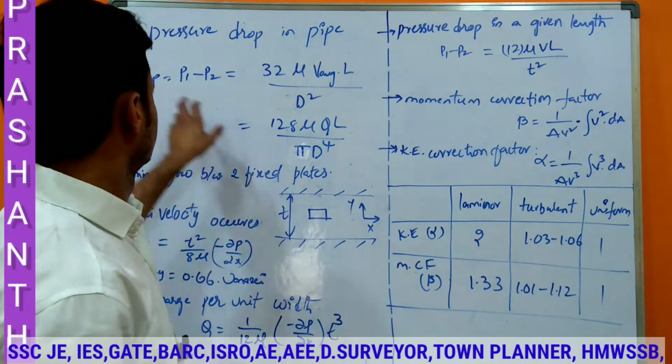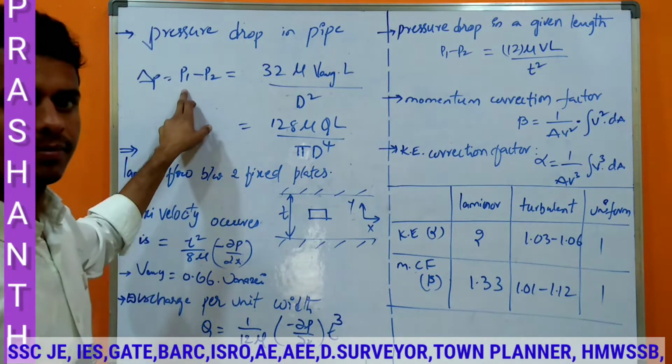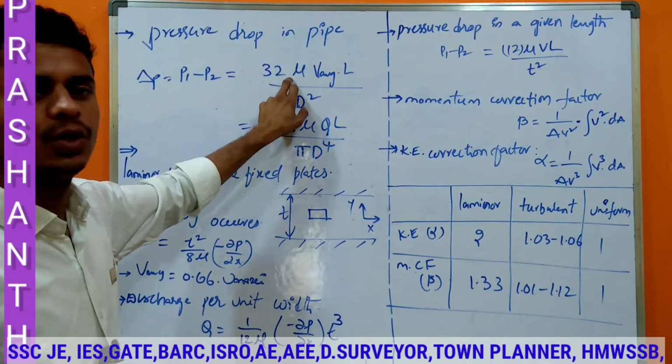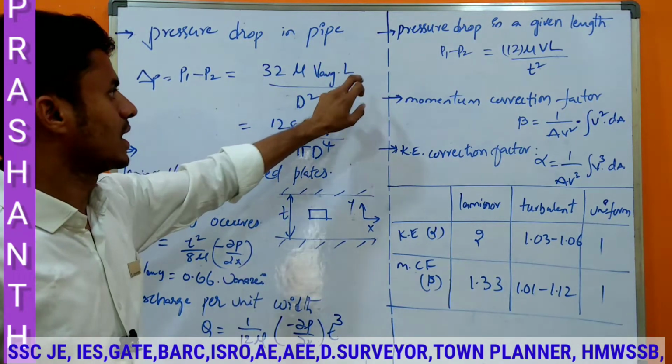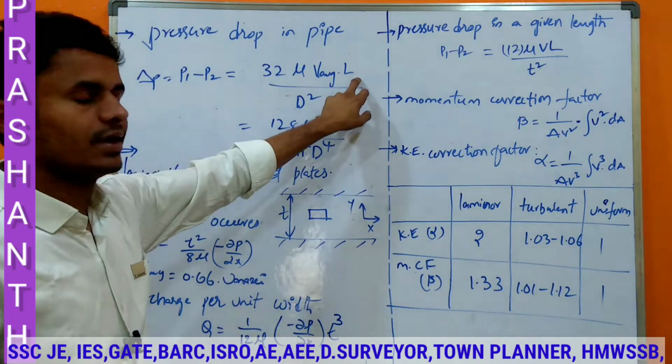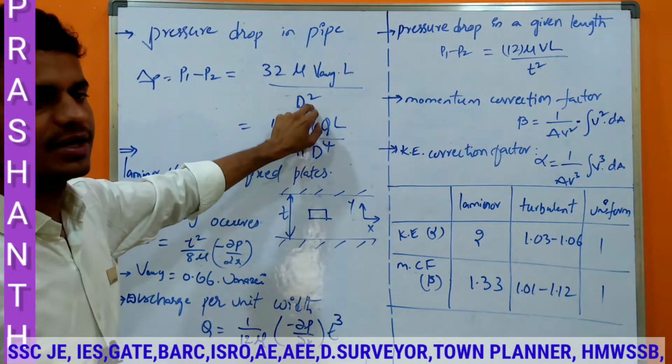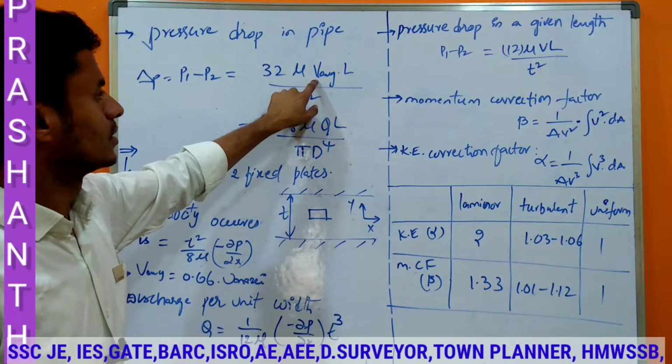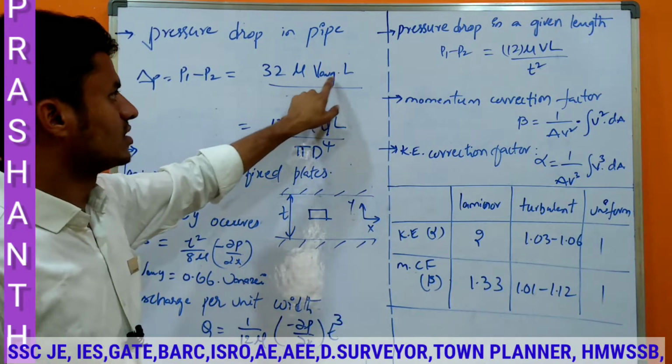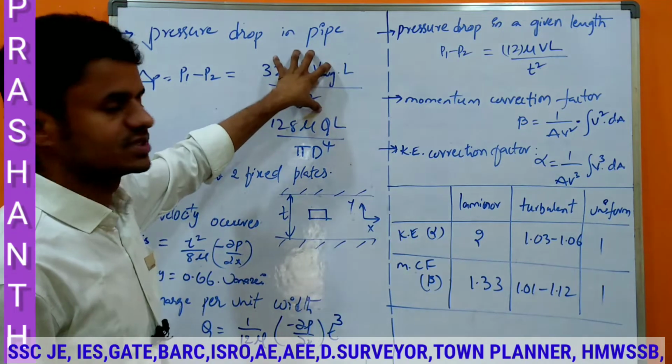Next one is pressure drop in a pipe. Pressure drop in a pipe is the change in pressure, that is P1 minus P2 equal to 32 into mu V average into L by D square. Here L is length, D is diameter, V is average velocity. In the question, if velocity and length are given, then we use this formula.